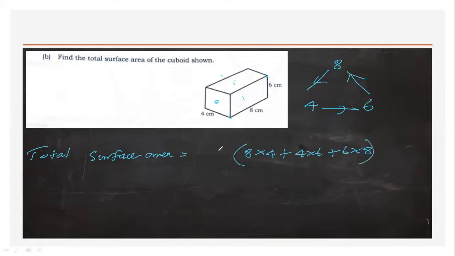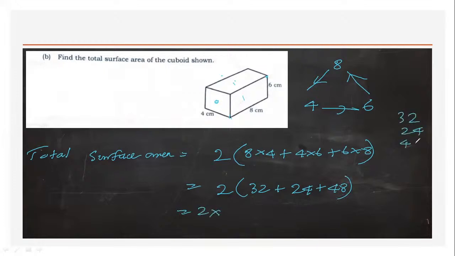That is twice. 2 into 8 times 4, 32. 4 times 6, 24. 48. 208 square centimeter.